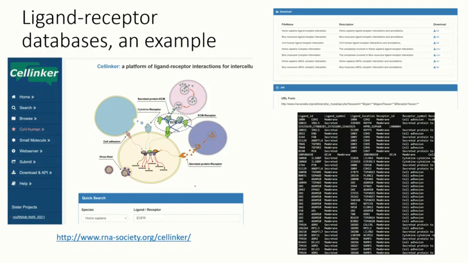So where did you find the example database? This is one example ligand receptor database. They just provide the name of the ligand and the name of the receptor genes. You can check the database and download the data. Select human and this ligand receptor pair, and they will give you those results.